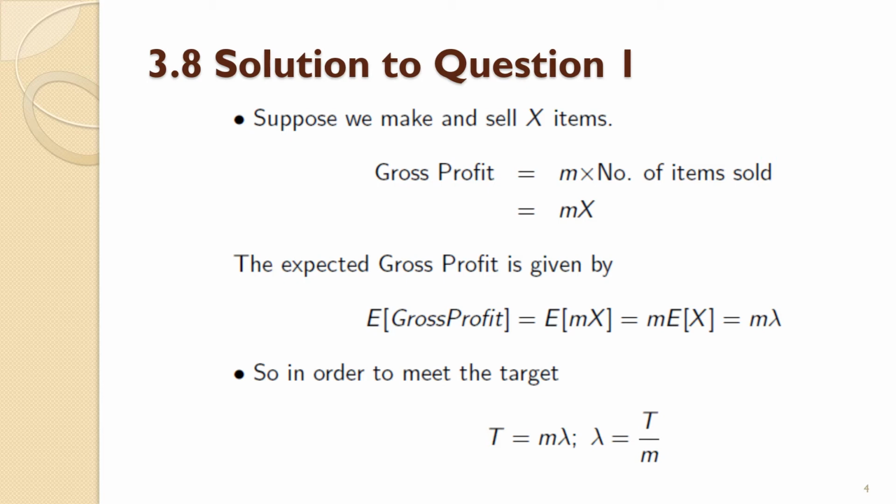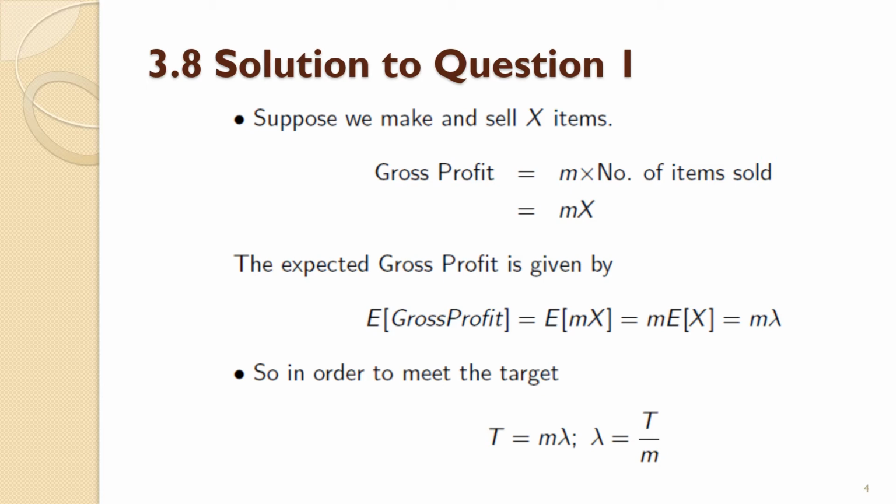T is the target that's been set. M, you may not have much control over, is the amount of profit you make on each individual item. Lambda, the number that you make and sell, is the thing you can control. So set T equals M lambda, solve for lambda, and you should have here that lambda equals T over M.